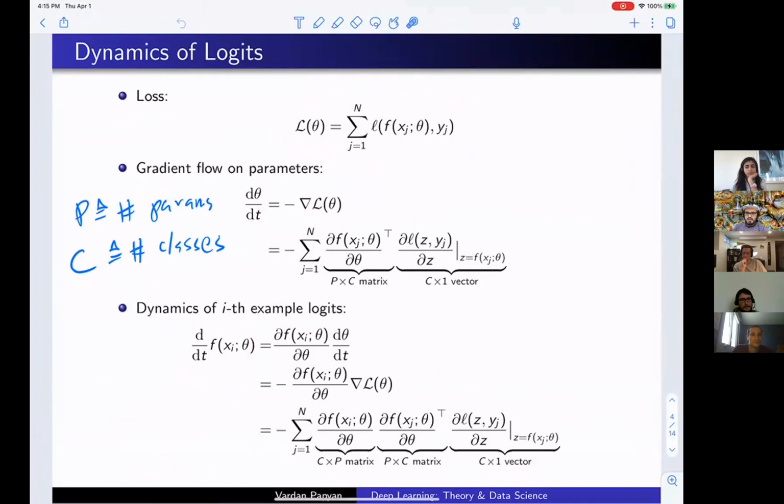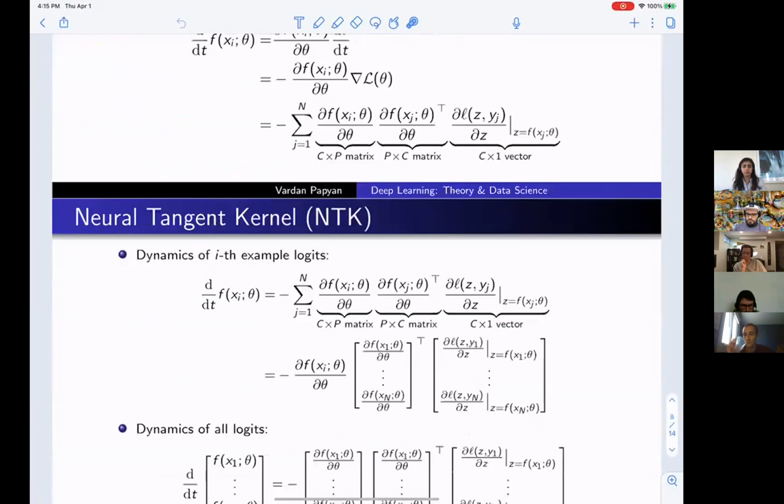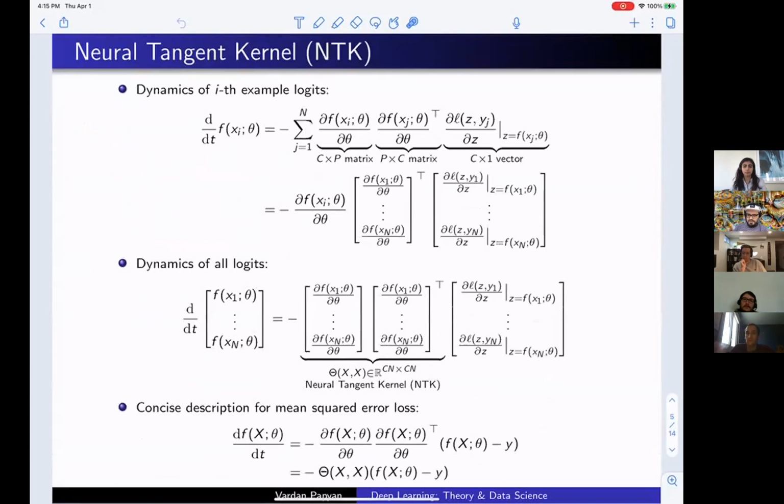The logits are the output of the classifier. Now, what we've seen is that you can express the derivative of the logits with respect to time as a multiplication of some Gram matrix theta, which is the neural tangent kernel, and some residual, which is the difference between the predictions and the targets.